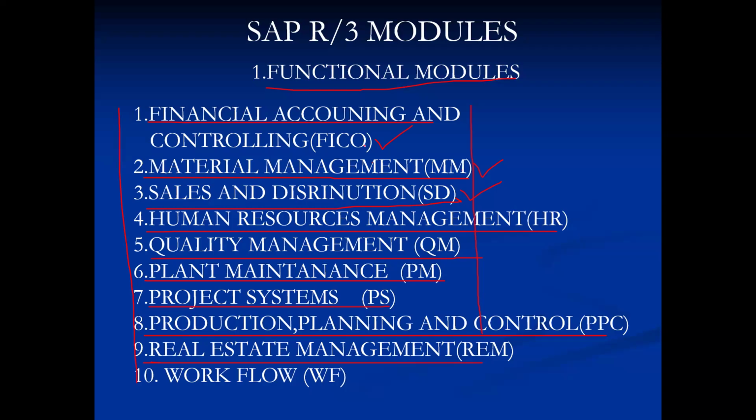FICO can be integrated with SD, or any other module. That is the difference between ERP and non-ERP. In the case of ERP, all the departments use different softwares, but all these softwares are manufactured by the same ERP company.